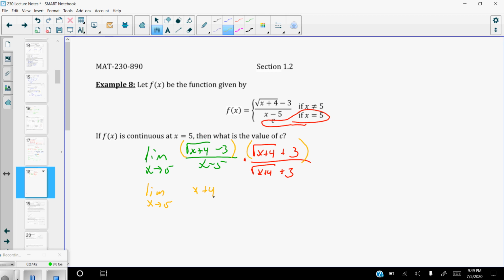And then I multiply last times last, which is negative 3 times 3, which is negative 9. All right, that's the part I wanted to alter. On the denominator, I am not going to FOIL all that out because it kind of defeats the purpose. What I was ultimately trying to get rid of is this piece right here. So I'm going to just leave this denominator as x minus 5, but I still have to multiply it, so I'm going to put the whole denominator in parentheses.